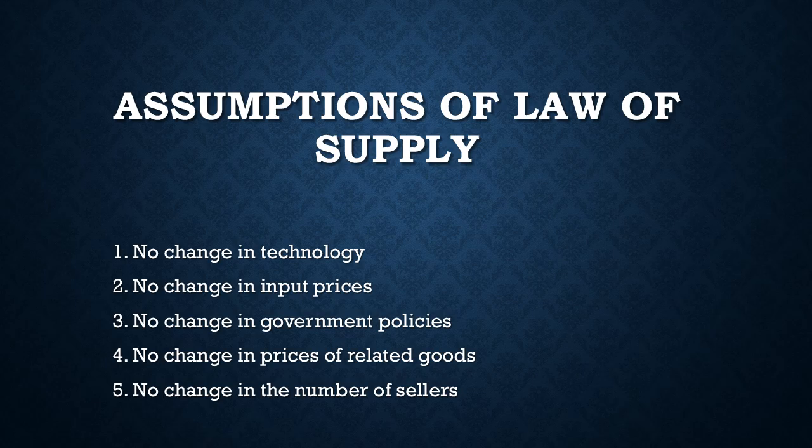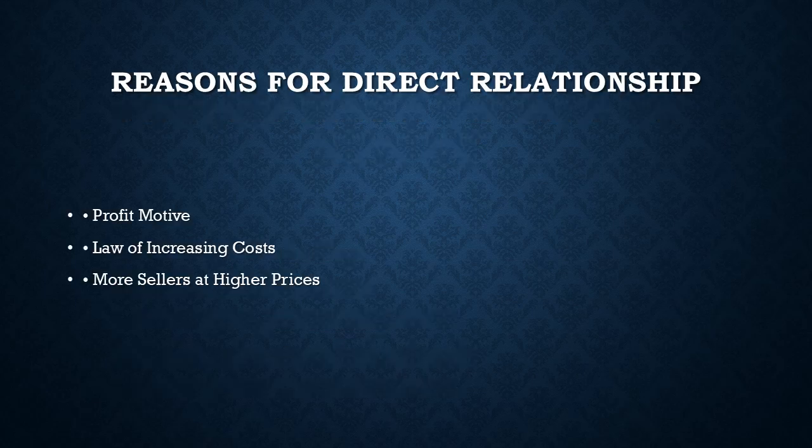Fifth one is no change in number of sellers. The number of sellers in the market remains the same. If more sellers enter, overall market supply is increased.